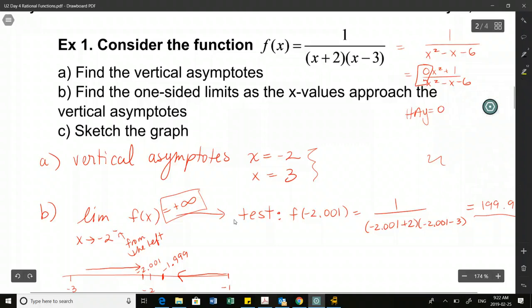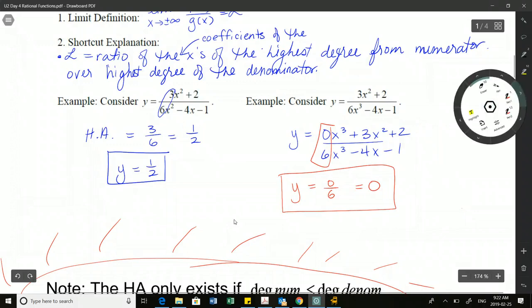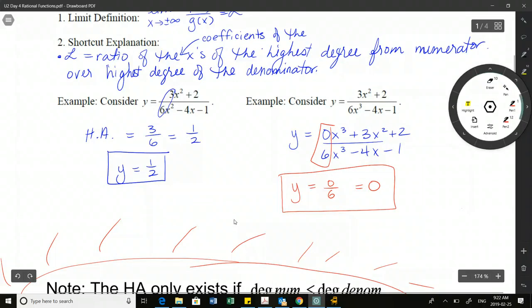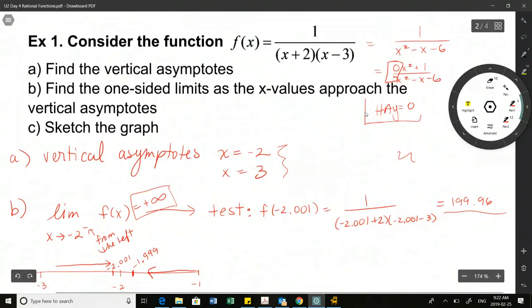Okay, this is very similar to what we just did right here. When I don't have that degree, it's going to be 0. Okay, so horizontal asymptote at y equals 0.